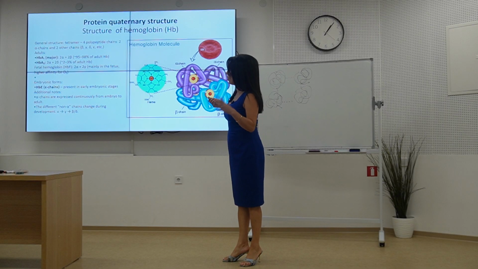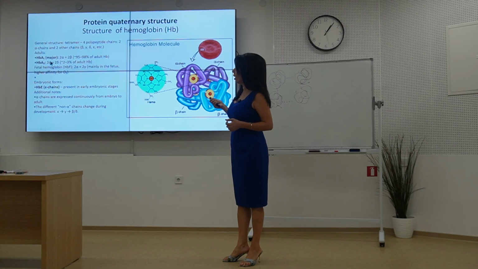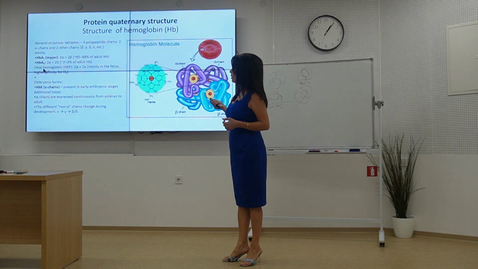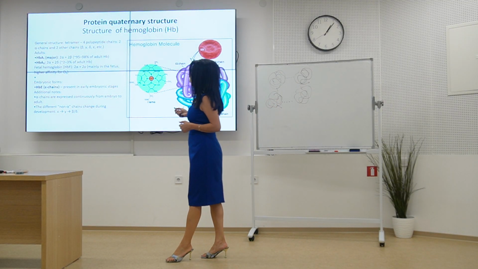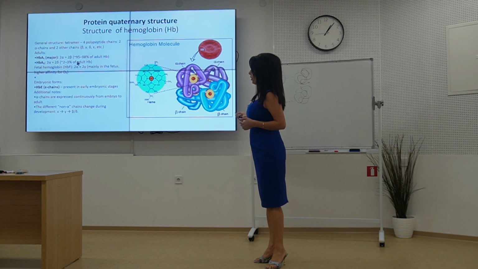Other types of hemoglobin with a different beta chain is hemoglobin A2, with 2 alpha and 2 delta polypeptide chains. In the fetus, there is a different hemoglobin, which is called hemoglobin F, or fetal hemoglobin, with 2 alpha and 2 gamma polypeptide chains.